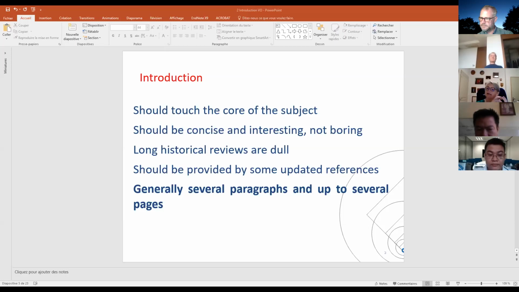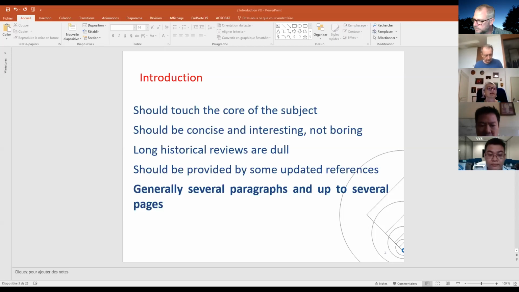And try to keep a historic of the work. Don't just cite things from 2017, 18, 19, 20. Make sure you can have a short timeline of the study. The article from Lowell, 1999, the first sample.